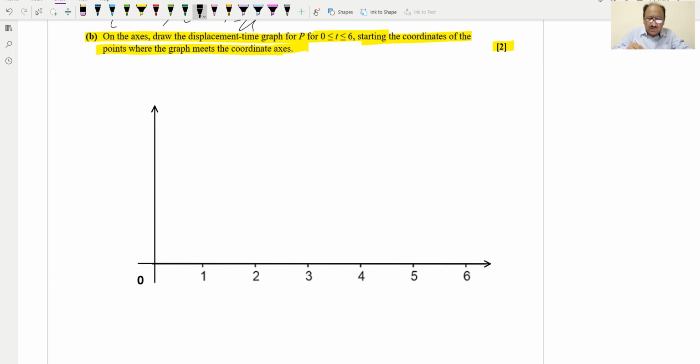The displacement equation is given: s is equal to (t plus 2) into (t minus 5) squared. The easiest way to draw this graph is, the points of intersection are basically required.